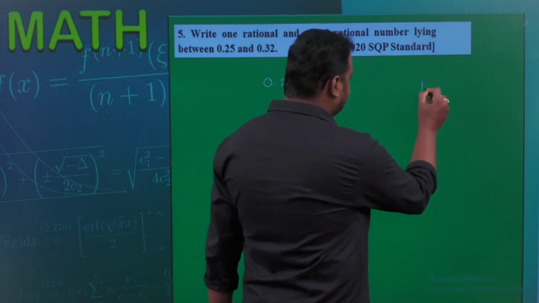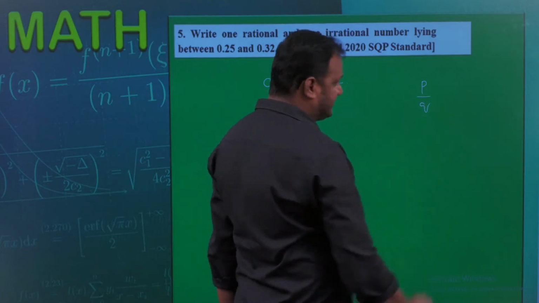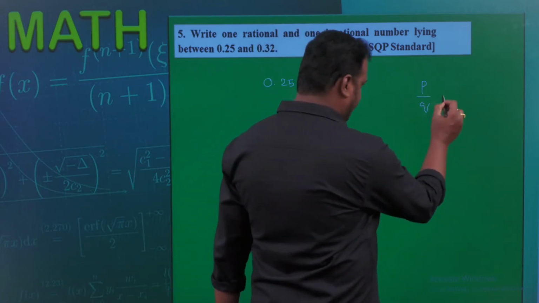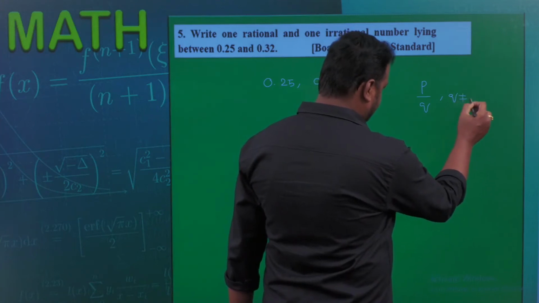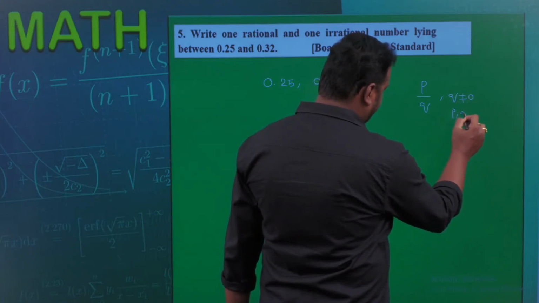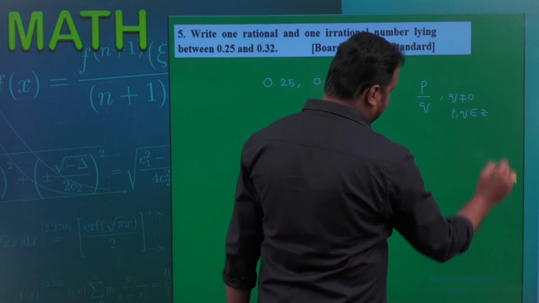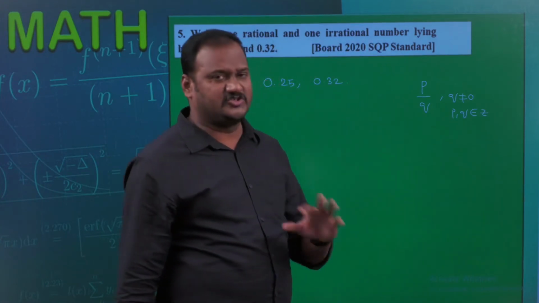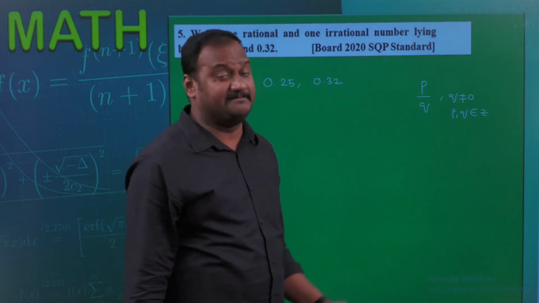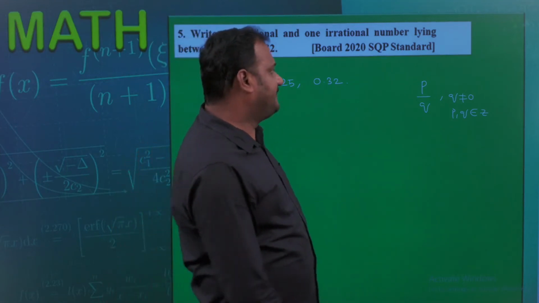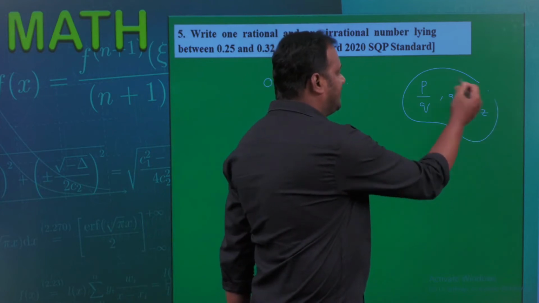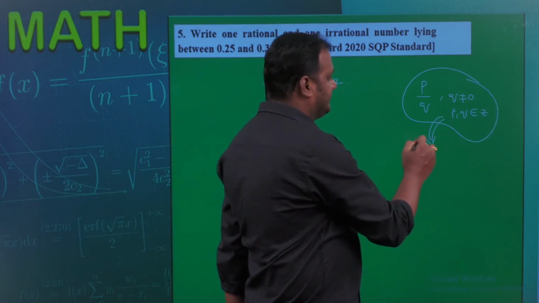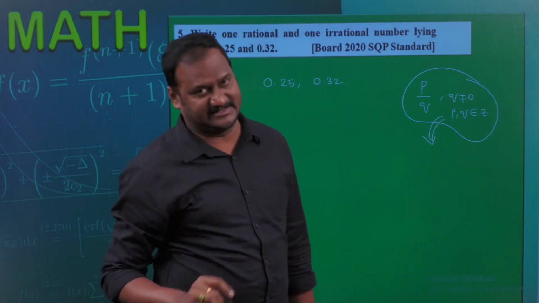Every rational number can be expressed in the form p by q, where q is not supposed to be 0. p, q are integers, in the simplest form all the time. Every rational number of this form can be expressed as a decimal expansion.